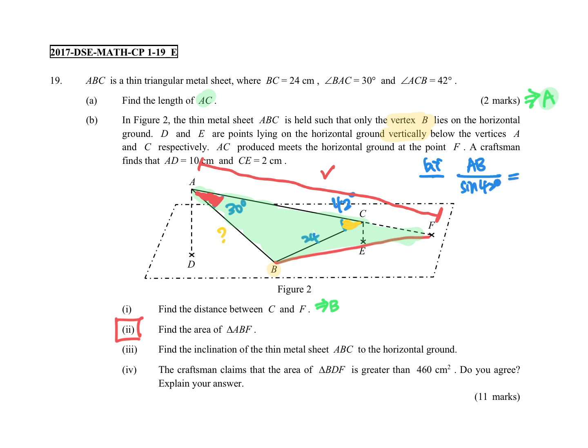And then it equals to BC, which is 24 over sine 30. So AB equals 32.11826911 cm.